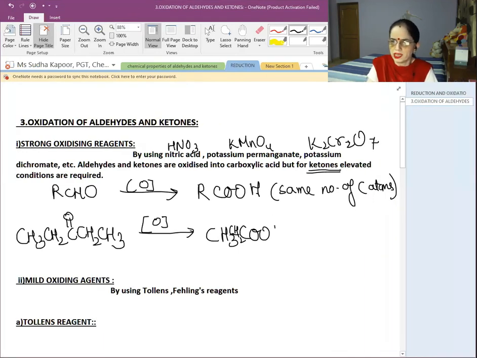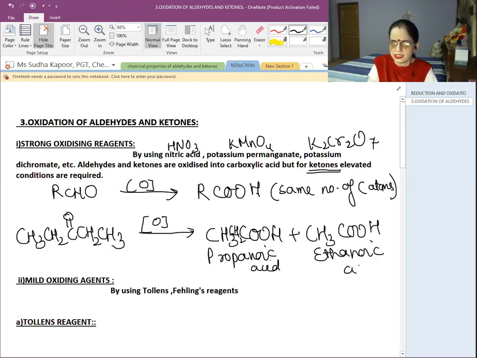One will be propanoic acid and the other will be ethanoic or acetic acid. So we will get a mixture of acids in this case.